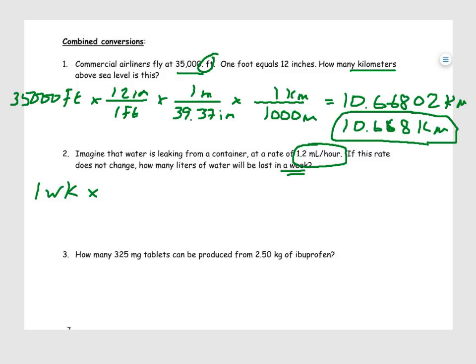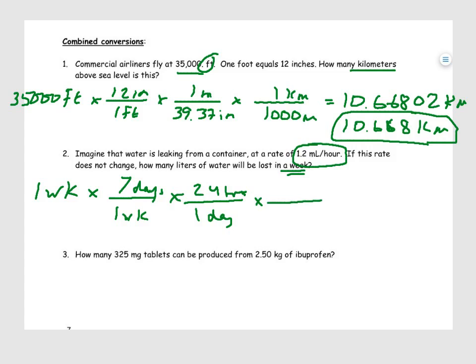So we know that 1 week contains 7 days, and 7 days, of course, is a week. 1 day is 24 hours. So now, 7 times 24 is the number of hours that it's dripping.